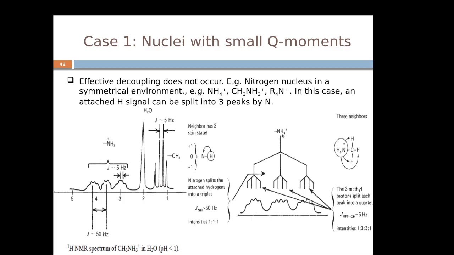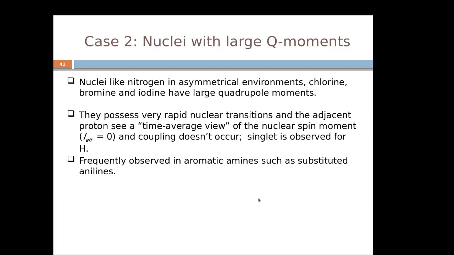And since the 3 protons couple with the 3 methyl protons, each of these lines gets split into a quadruplet pattern. So you can see 3 peaks in the triplet, and each peak again gets split into a quadruplet pattern with the intensity ratio 1:3:3:1. So this is what happens when the protons couple with a nucleus with a small quadrupole moment.